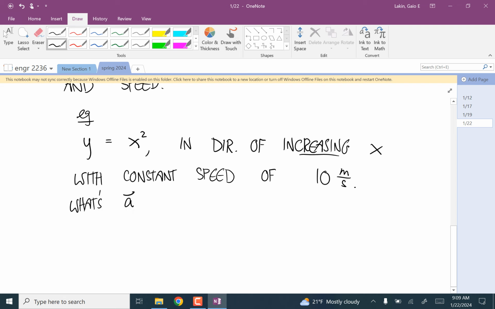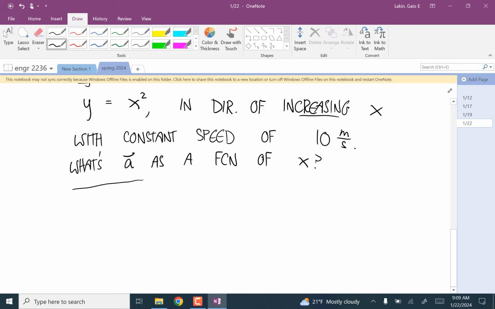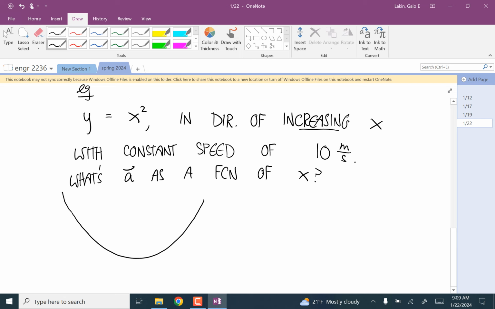What's the acceleration as a function of x? Okay. Well, to do a problem like this, can you picture what's going on? This particle is moving along this function.